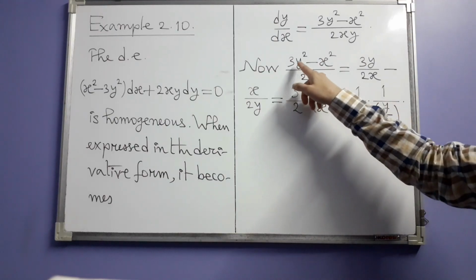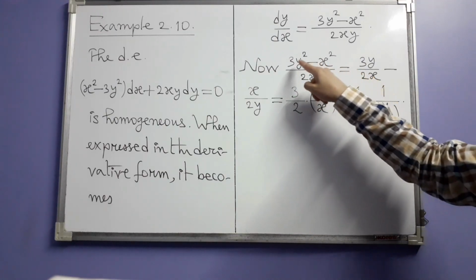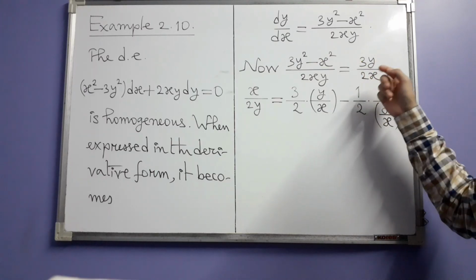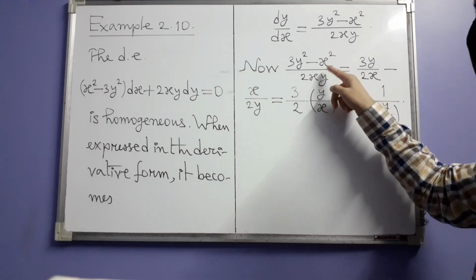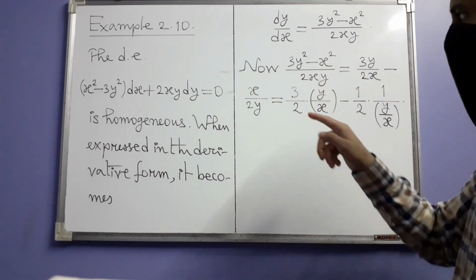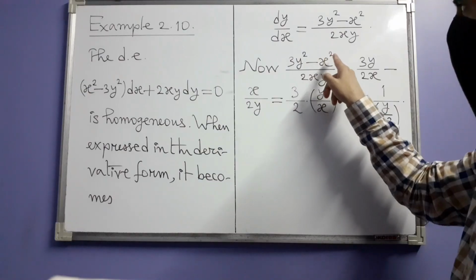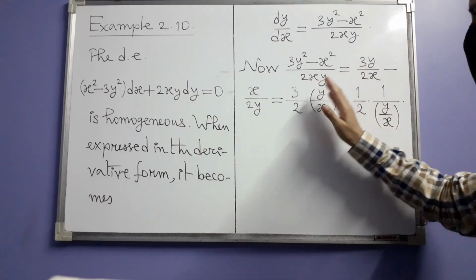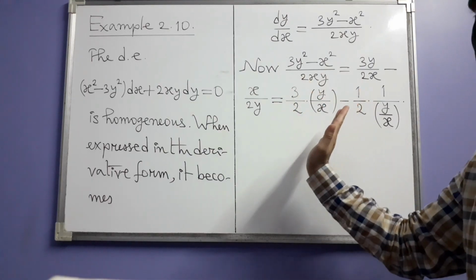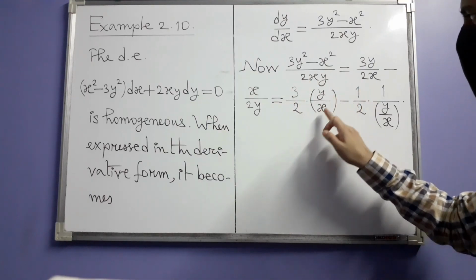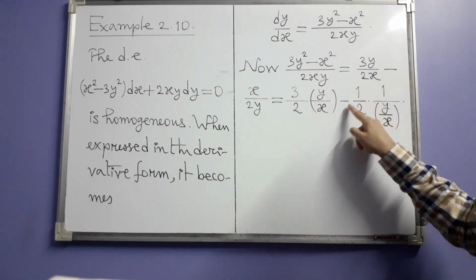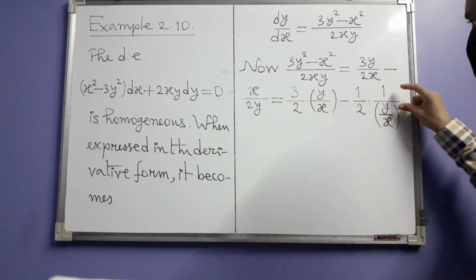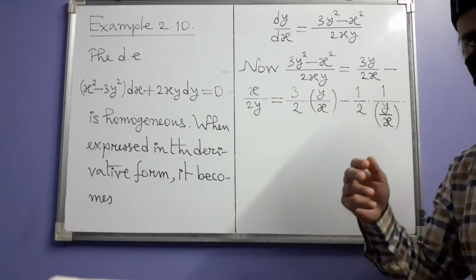Because we can express the right hand side like this. You can see for yourself, if you do the division, it is 3y square divided by 2xy, or 3y divided by 2x, minus, after cancelling this one x from the numerator and denominator, the second term is x divided by 2y. Now you can write the first term like this: 3 divided by 2 times y over x, and in the second term you write minus 1 divided by 2 separately, and in place of x divided by y you write the reciprocal of y divided by x, because that's what it is.